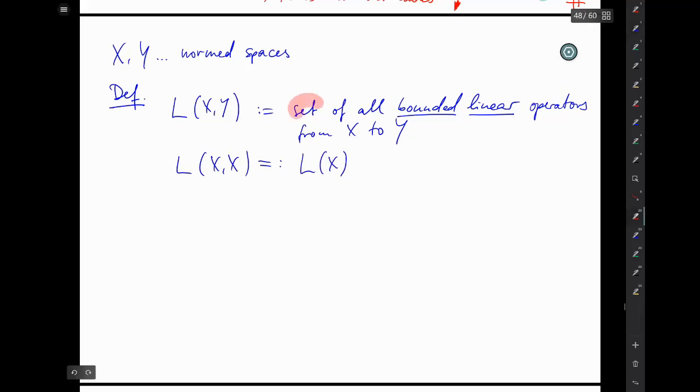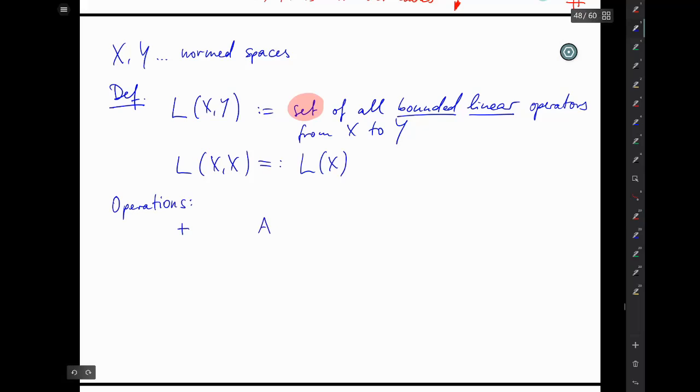Now, so far this is just a set of operators, but because our normed spaces X and Y have plus and alpha times and the norm, there's of course the potential of also equipping L(X,Y) with these structures. So let's look at the following operations. There's an operation plus between two operators.